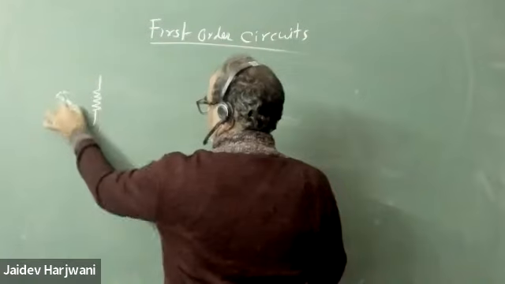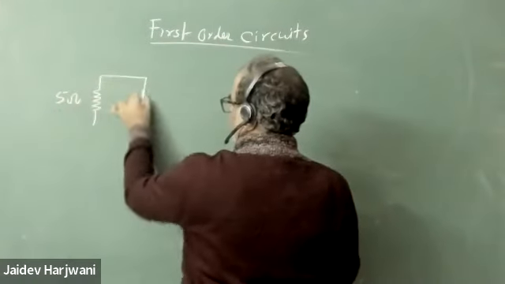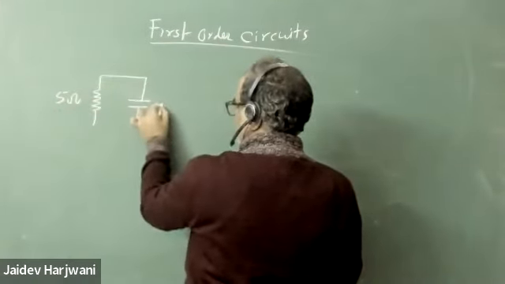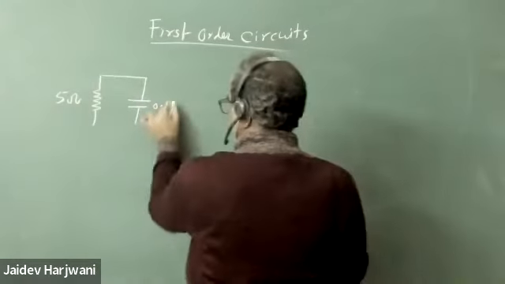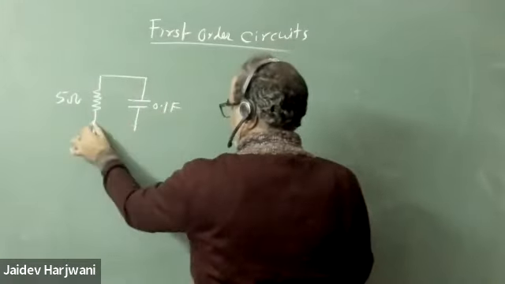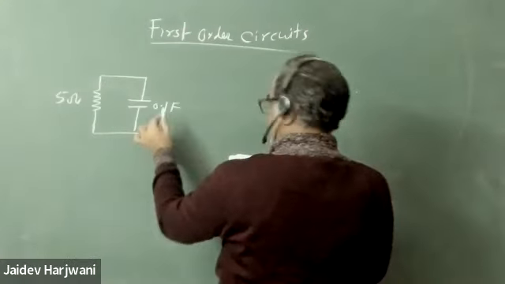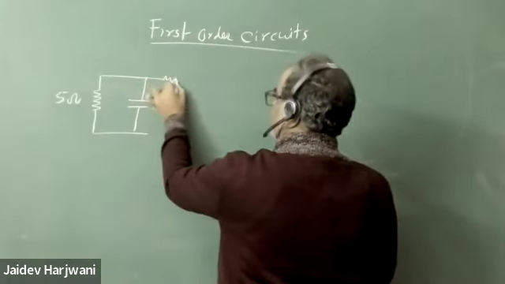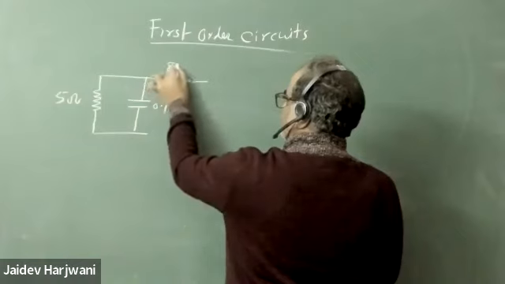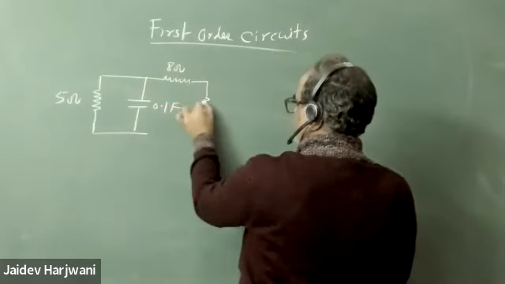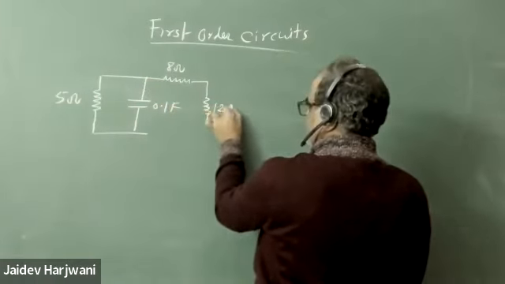This is a 5 ohm resistance. Then you have 0.1 farad, and then an 8 ohm resistance and a 12 ohm resistance.